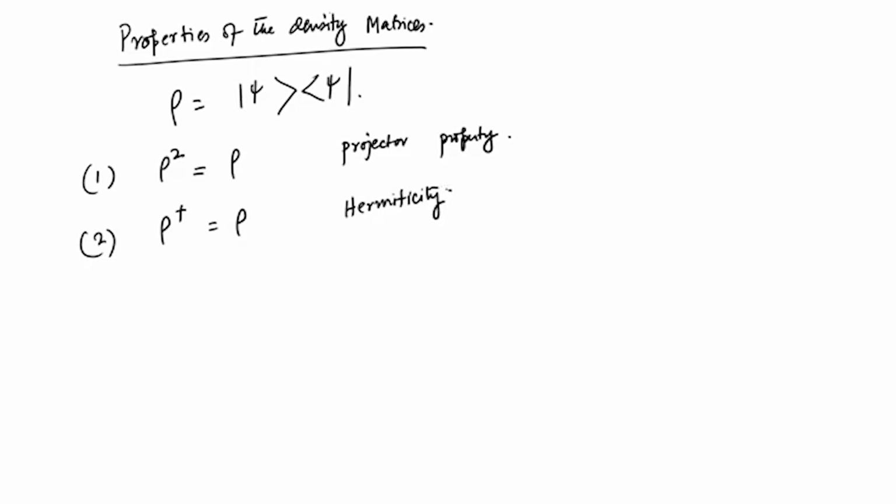Third, the trace of rho is equal to 1, and this is called normalization, which we have just seen appears as the denominator of the expectation value, and this is equal to 1. And the last one is that rho is greater than or equal to 0. So, rho is a positive definite matrix.